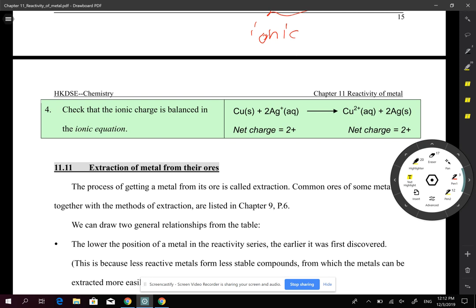When we put copper into silver ion solutions, what's happened? According to the exchange of electrons, what's happened?